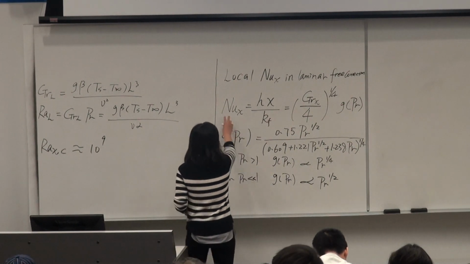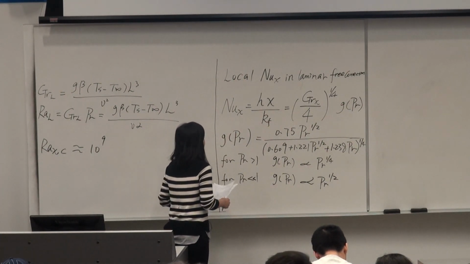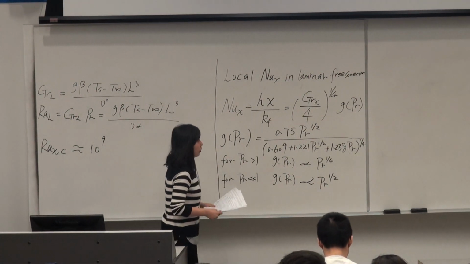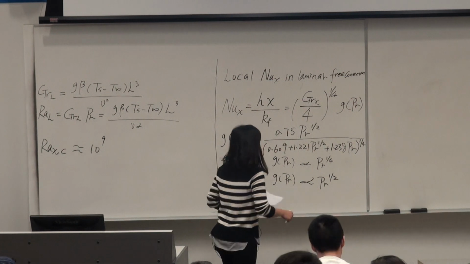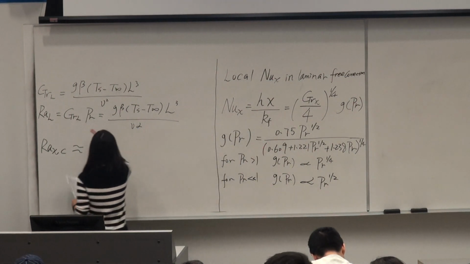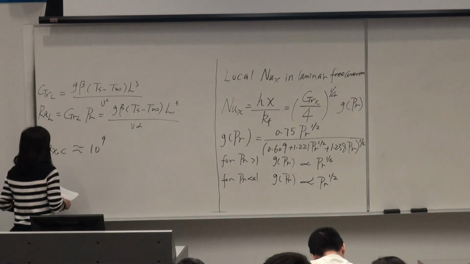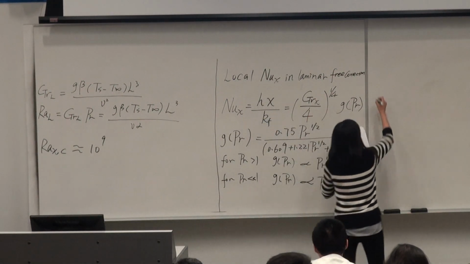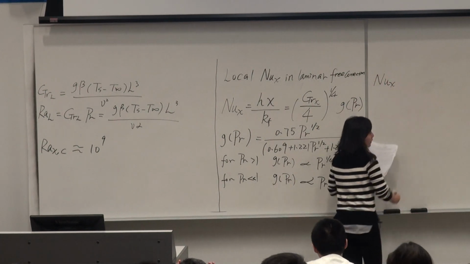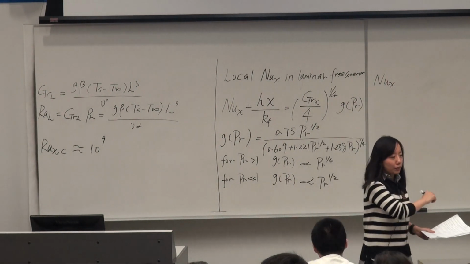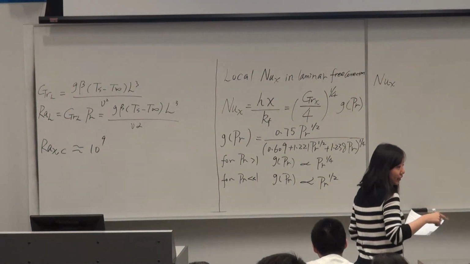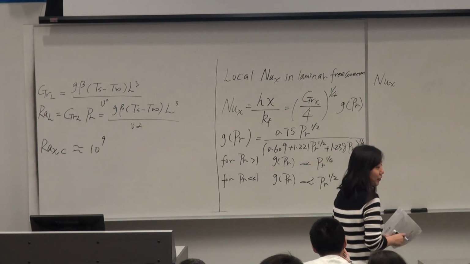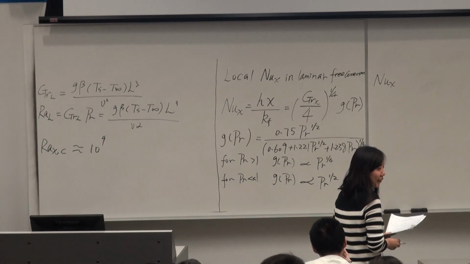If we look at this expression for the local Nusselt number, and expand the expression for the Grashof number, we have the local Grashof number to the 1/4. Your local Nusselt number is proportional to x to what kind of power there? x to the quarter.